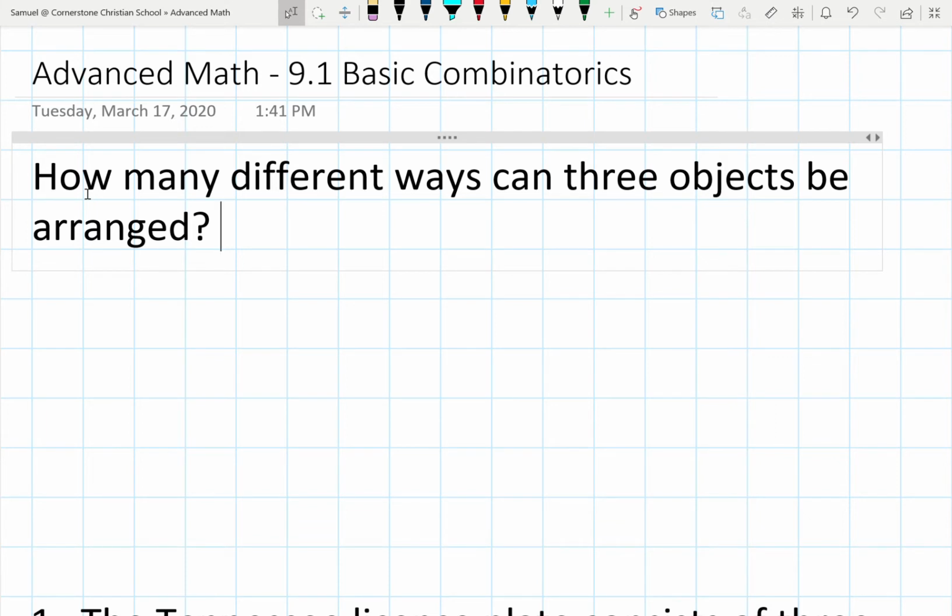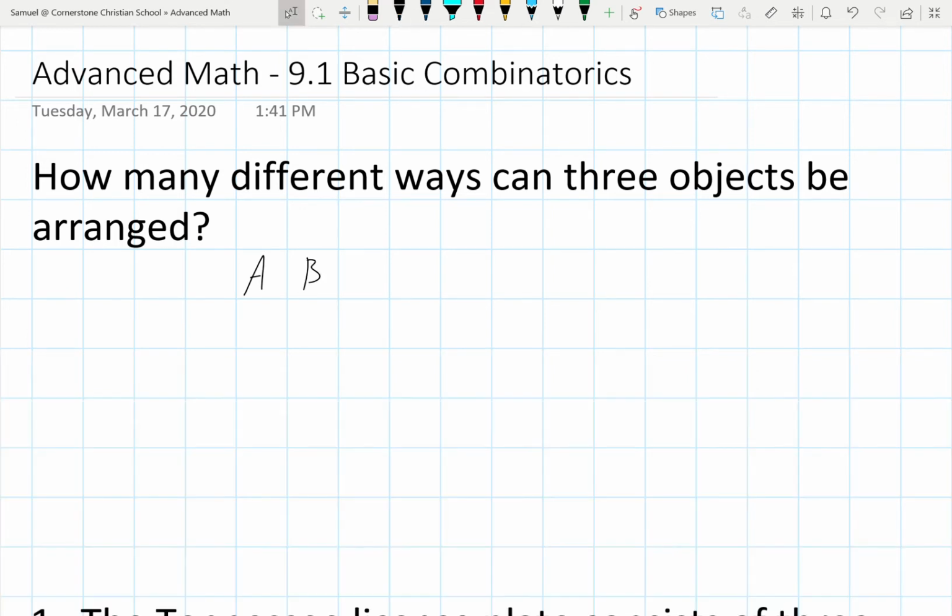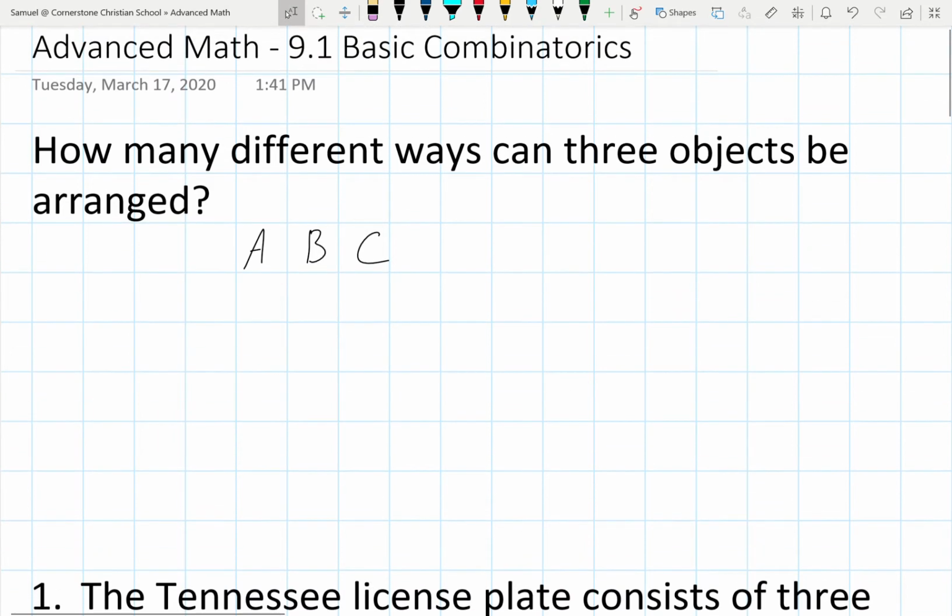So for this example, let's just use A, B, and C. We're given A, B, and C. We want to figure out how to arrange these three things. We already arranged it one way, A, B, and then C. But I want to give a visual on how we can figure this out.